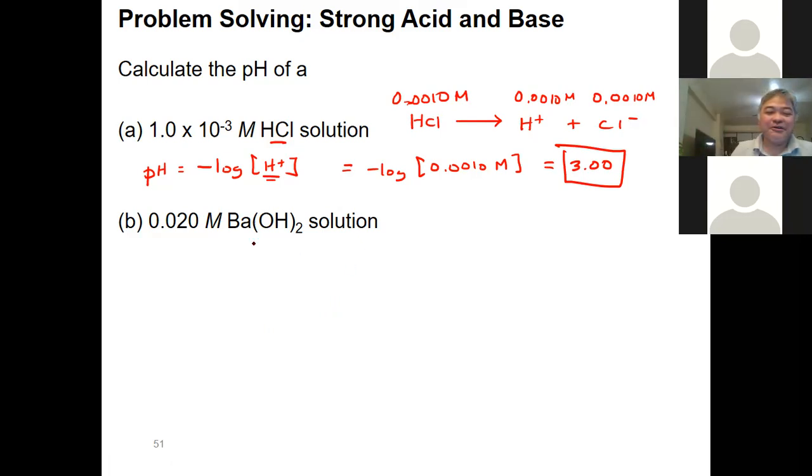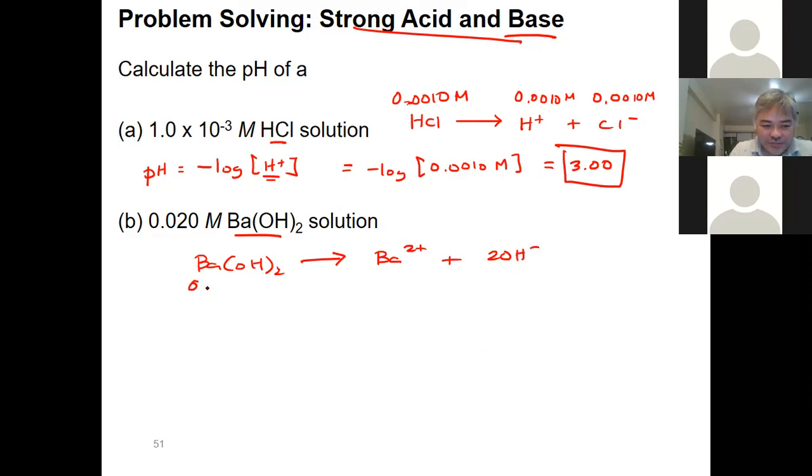The next one, ano to? Strong acid, strong base, weak acid, weak base. Strong base po. Yan, nakasulat na dyan. So you can put the reaction here, and this will give you what? Ba2 plus 2OH minus.